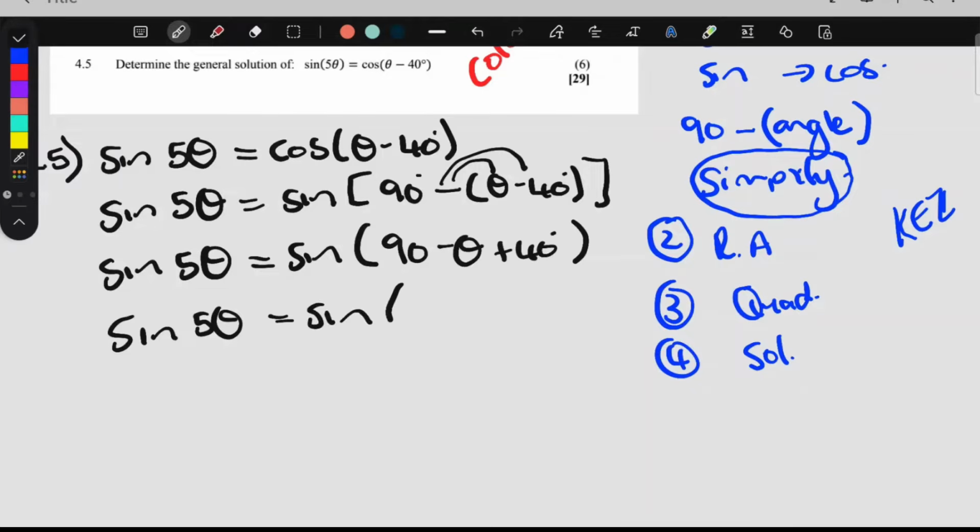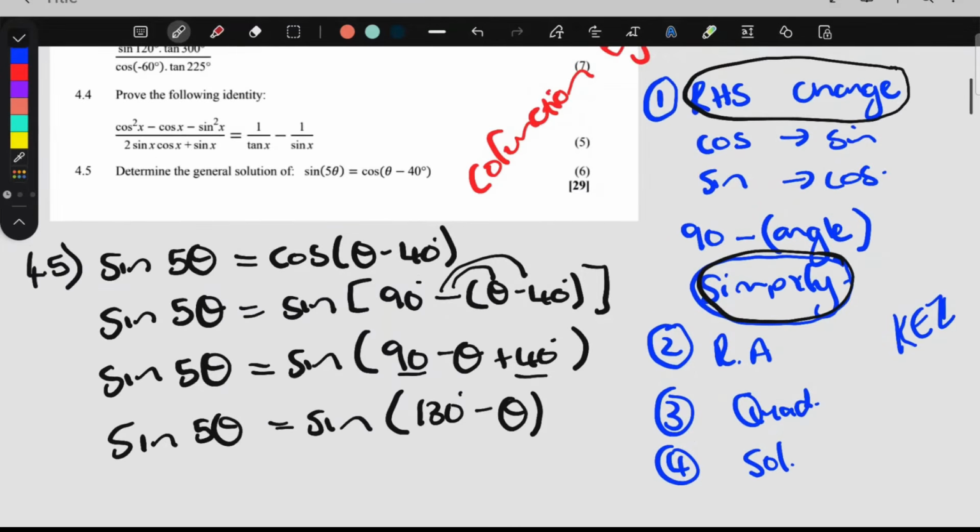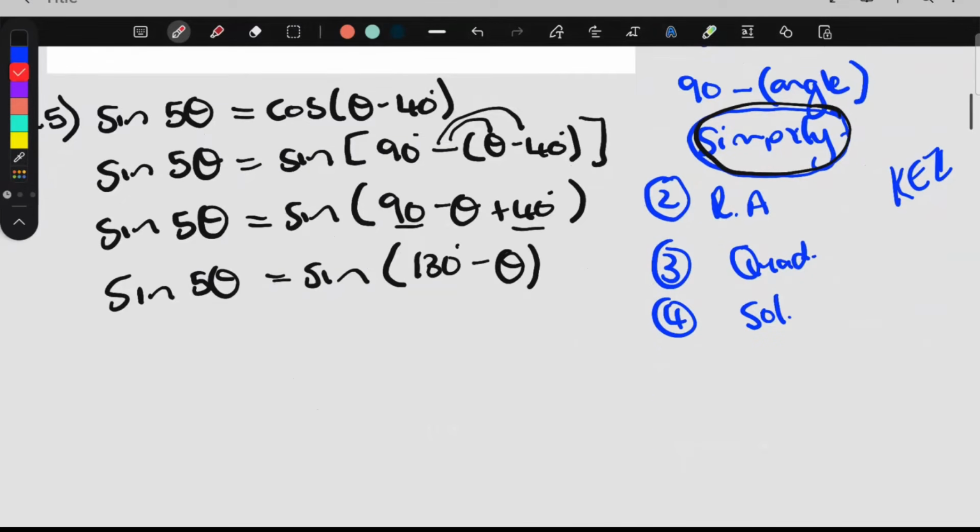So sine, then this becomes 90 plus 40 is 130. So this is 130 minus theta. So there I simplified this. So I've done all my steps. Now I'm going to choose my reference angle without using the calculator. Grade 11s, let's choose. So this is now the reference angle. So I'm going to write the reference angle is 130 minus theta.